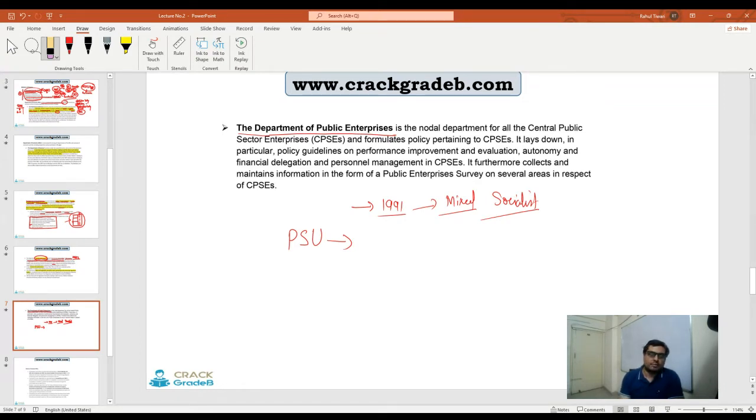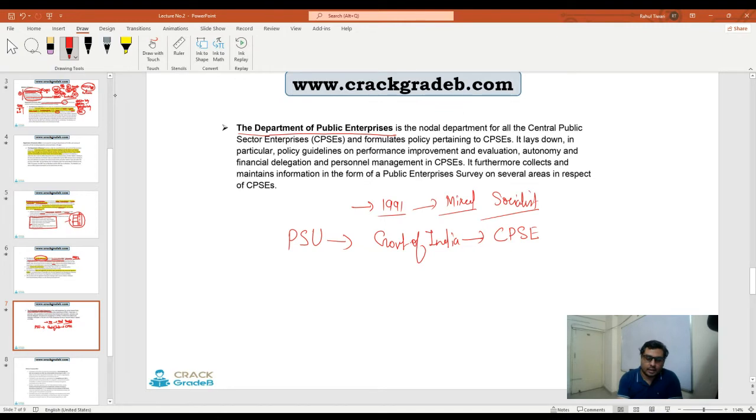Central government can also have its own enterprises. So if any enterprise is owned by the government of India, it is a CPSE or CPSU, right? Undertaking and enterprise are used interchangeably, right?